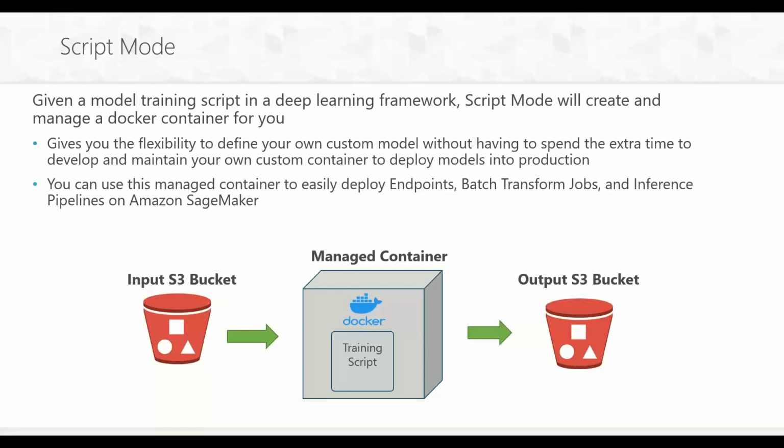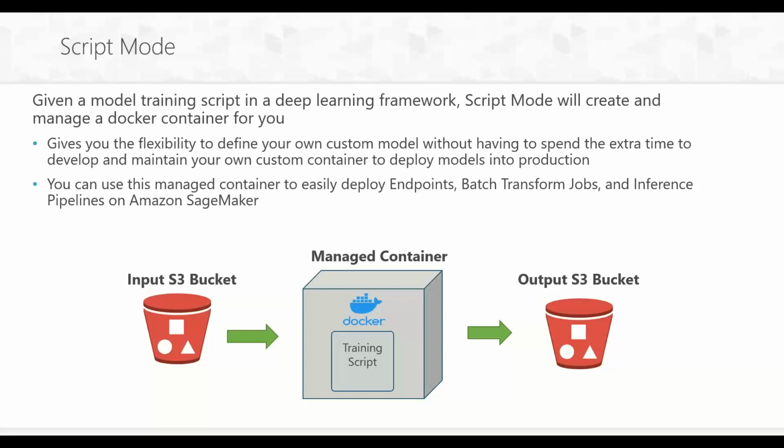So a lot of times as data scientists, we're really good at writing these training scripts to train the models and get the best value from these models. But then when it comes to maintaining these models in production, that's something that takes a lot more time and effort from us.